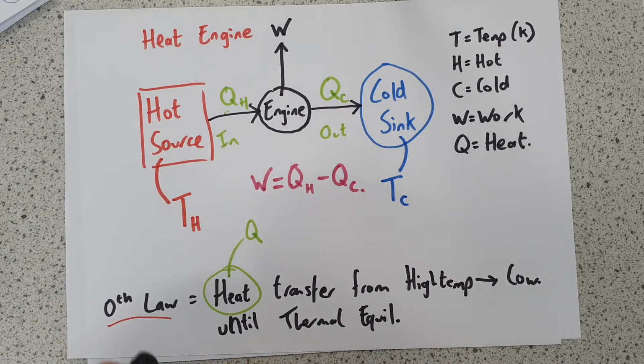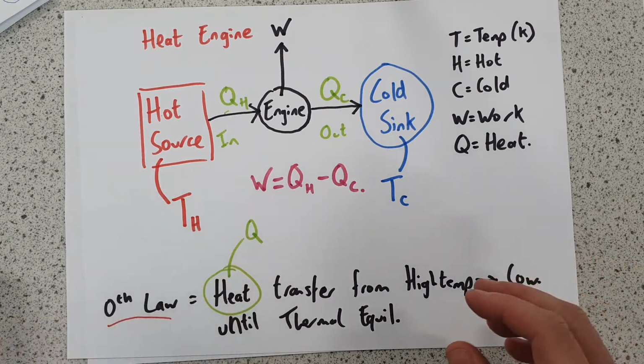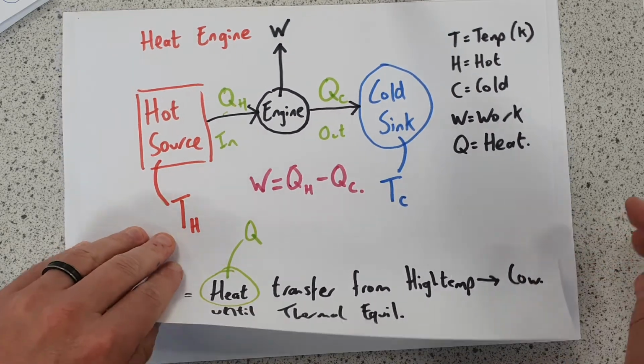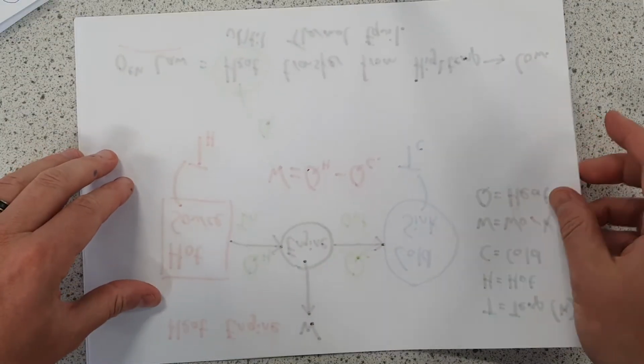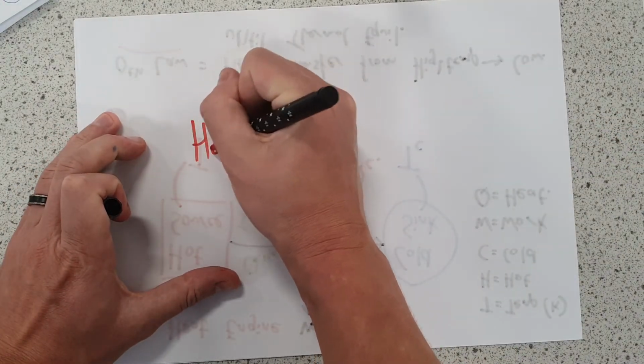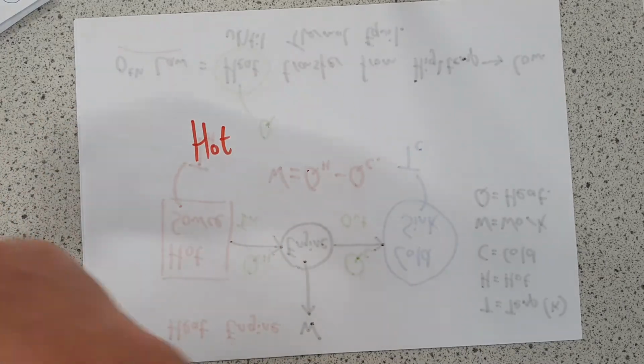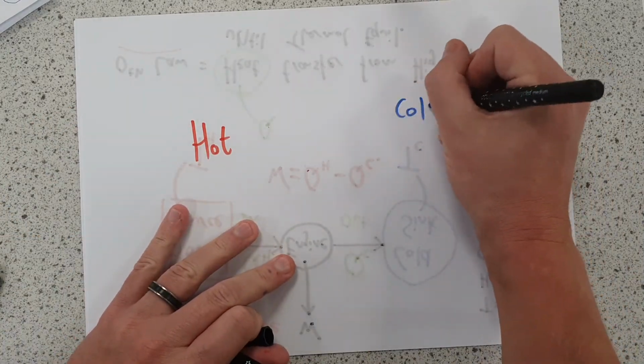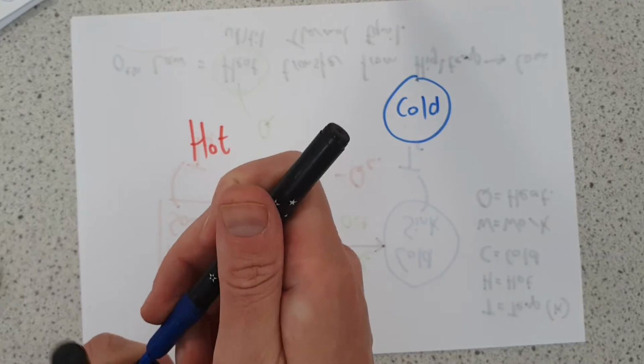Okay, so at this point, what we can also be comfortable with is that this can be reversed. Okay, so I'm just going to do this on the back of this sheet. So again, we can have hot source and a cold sink, like so.